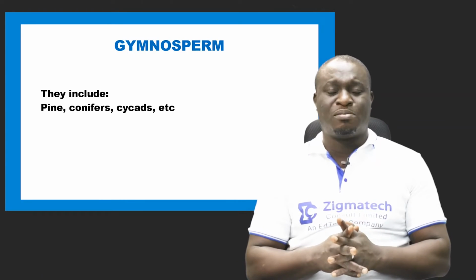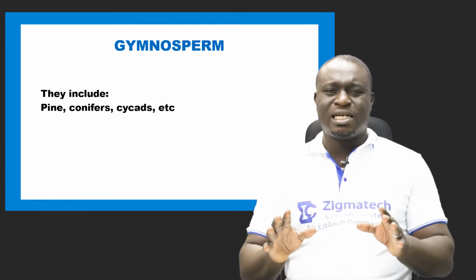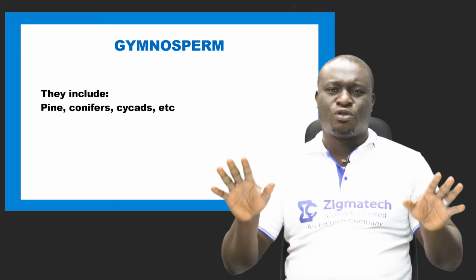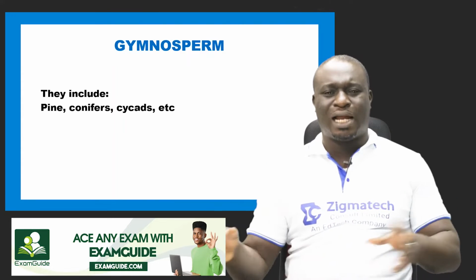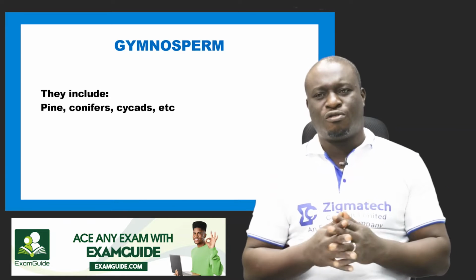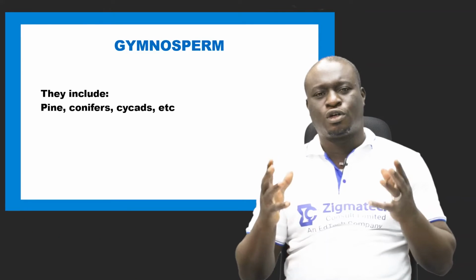Examples of gymnosperms are pines, conifers, and so on. These seeds are called cones in biology. So anytime you see a seed that is cone-like, you can check our previous videos and see the structure of the gymnosperms bearing seeds that are called cones.